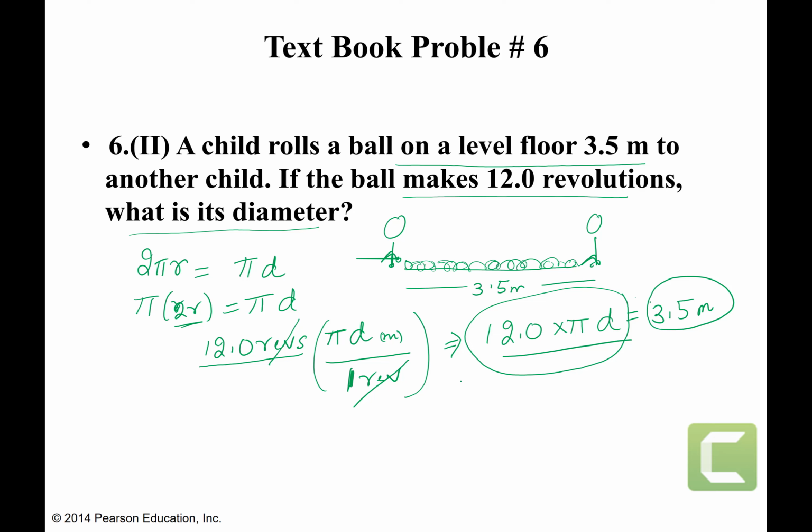If you look at it, divide both sides by 12 pi. So I get d is equivalent to 3.5 meters divided by 12.0 times pi, which becomes equivalent to 9.3. You can take your calculators at this point and start solving.